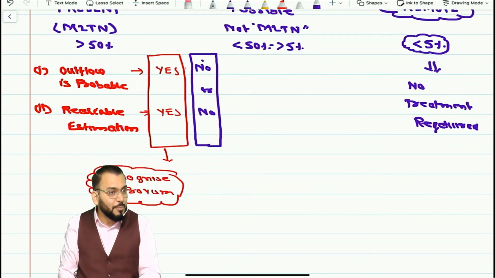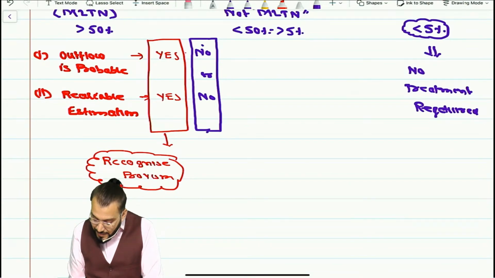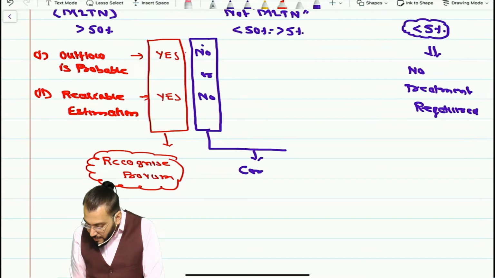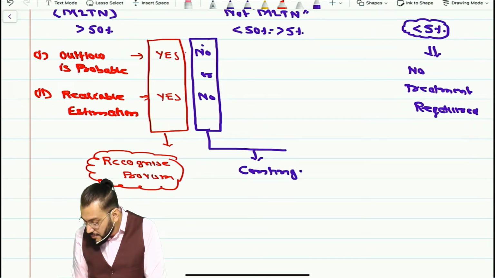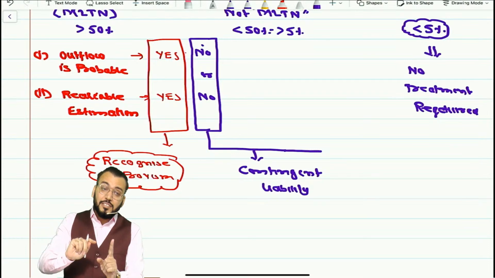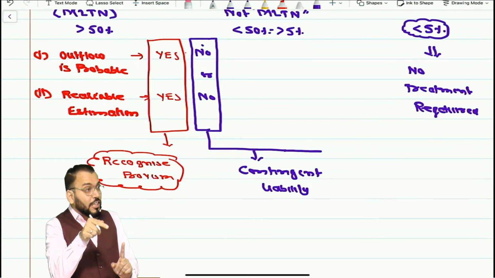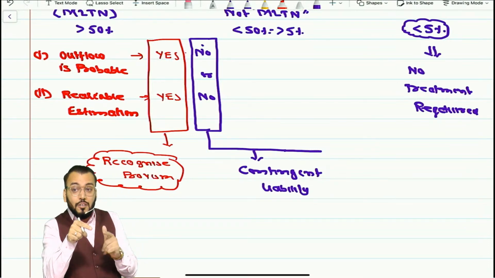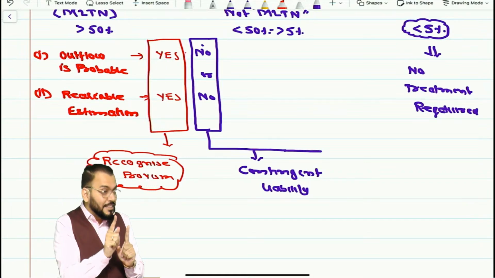Then can you recognize a provision? No. Then what does Ind AS 37 say? Disclose it as a contingent liability. Have you understood this point? It means a present obligation can also be a contingent liability if either of the two conditions is not satisfied.